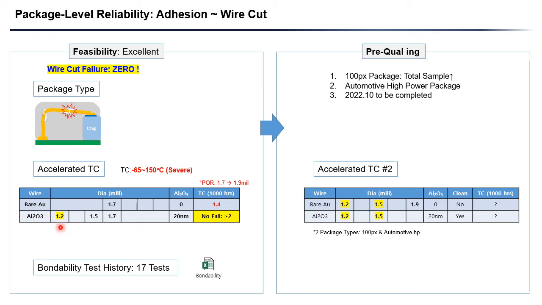Please note that a diameter of the aluminum oxide coated gold wire was much smaller than a bare gold wire cases, 1.7, 1.2. Right now, apple to apple comparison testing is going on, 1.2 to 1.2, 1.5 to 1.5. Diameters are the same for both no coating and coating cases of aluminum oxide.